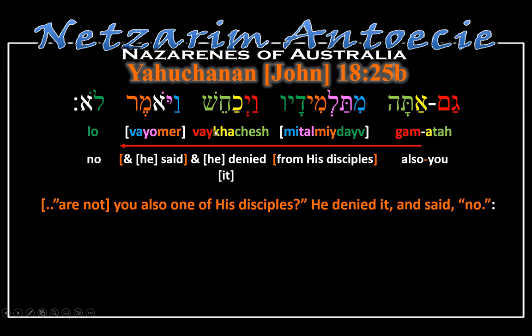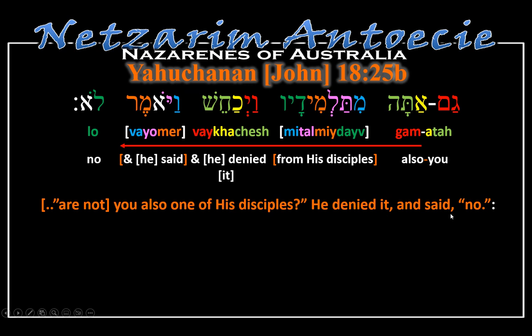Ve kachesh. And he denied it. So kachesh means to deny, right? And he denied it. It's a completed action because of the prefix. Vayomer. And he said, Lo, no. Are not you also one of his disciples?